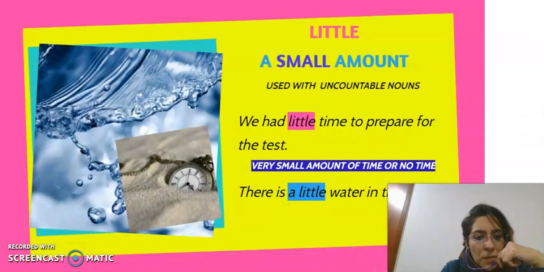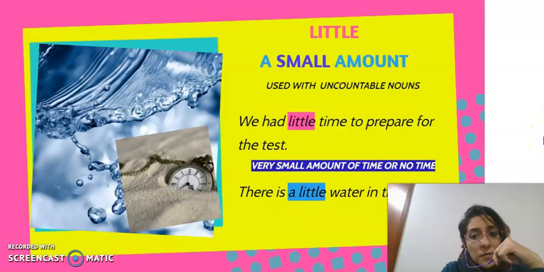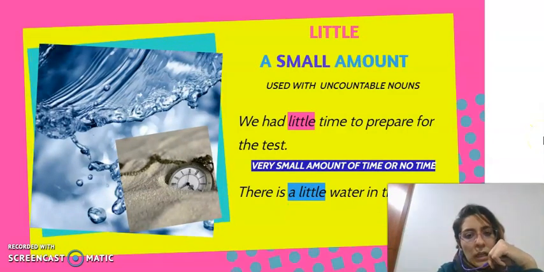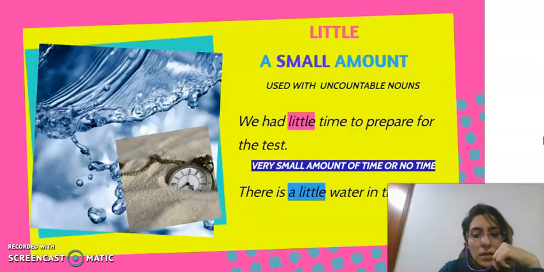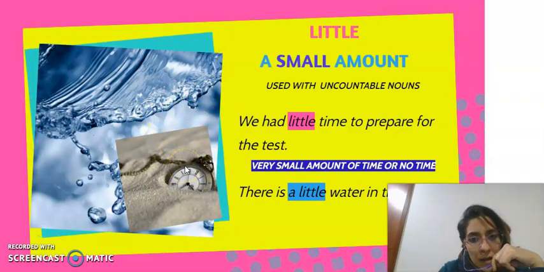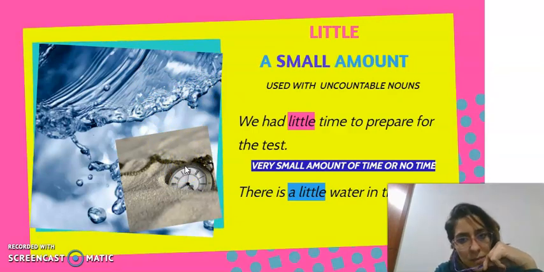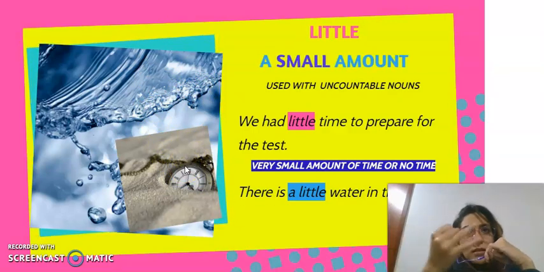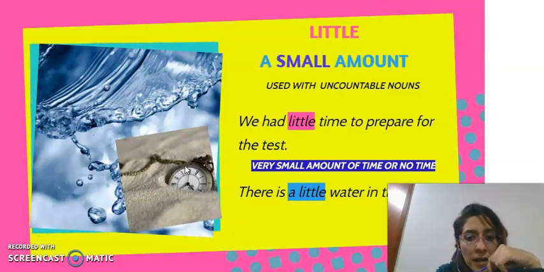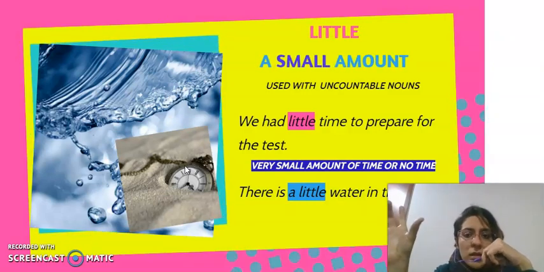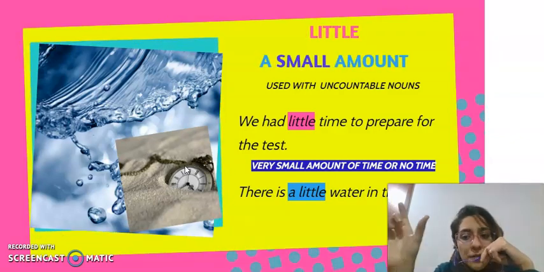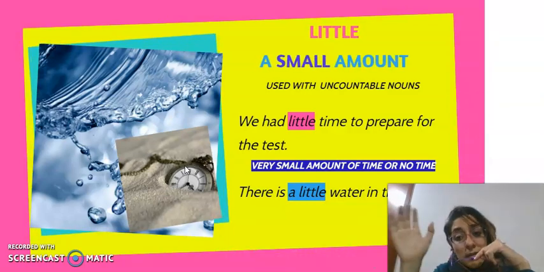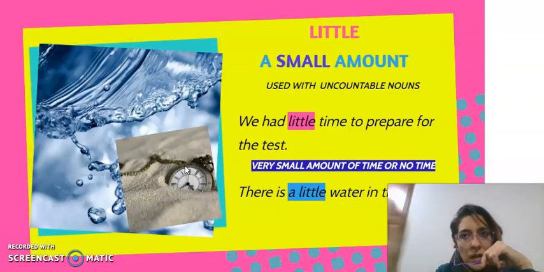Next is little. It is for a small amount. Use it with uncountable nouns again, and here we have two examples, like water and time. I know time is possible to count in minutes, hours, or days, for example. But if you say something like, I have a little time, you're not describing exactly the quantity of time that you have.